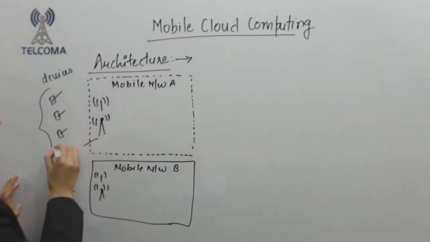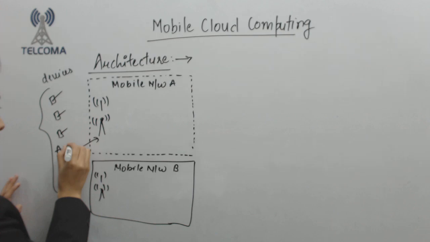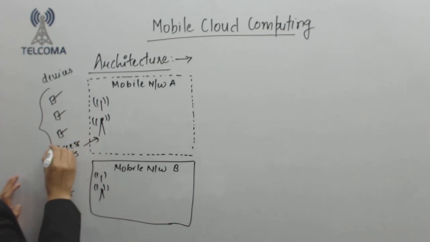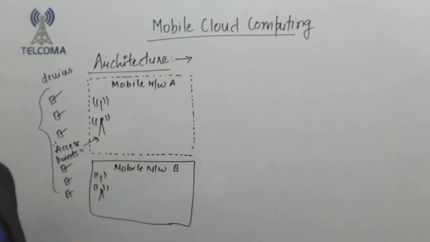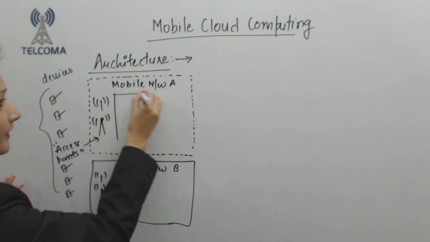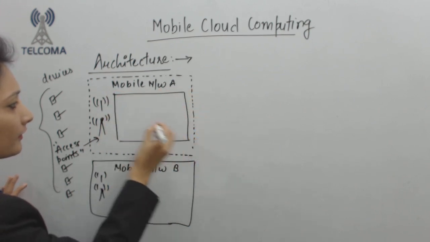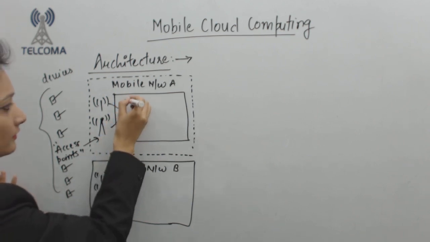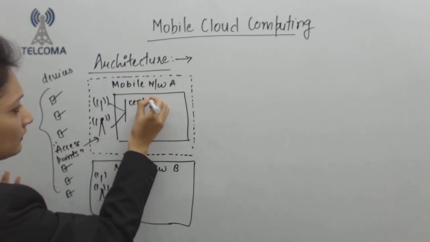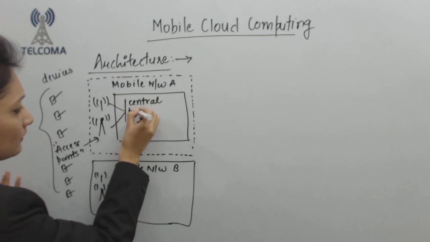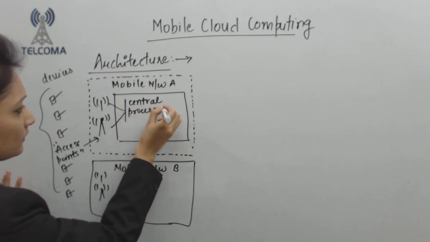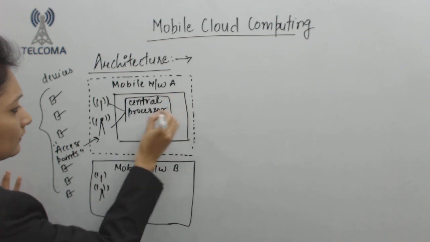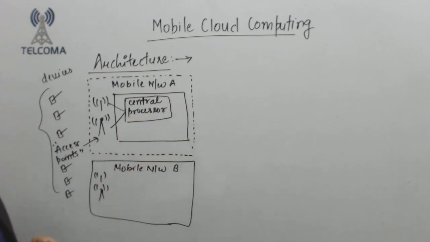These are your access points. Now, these access points are connected to the central processors.